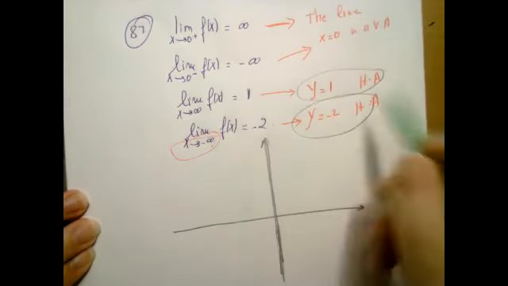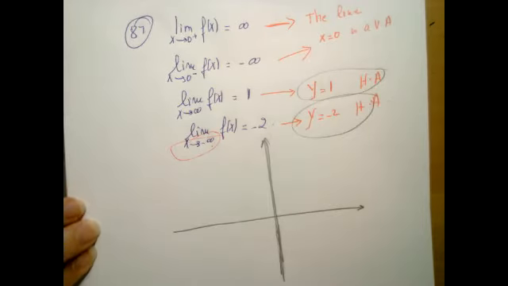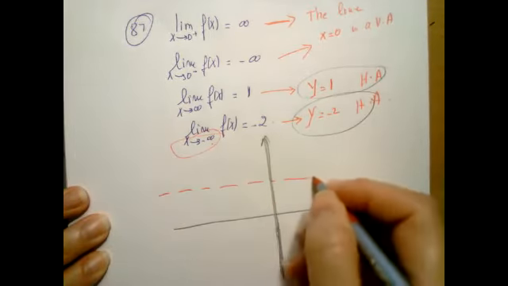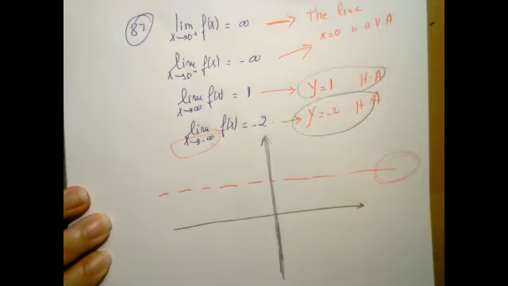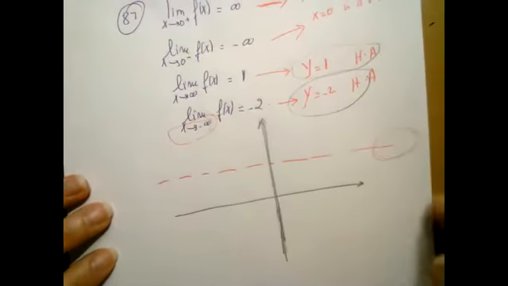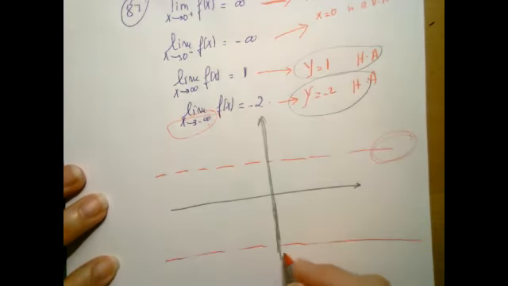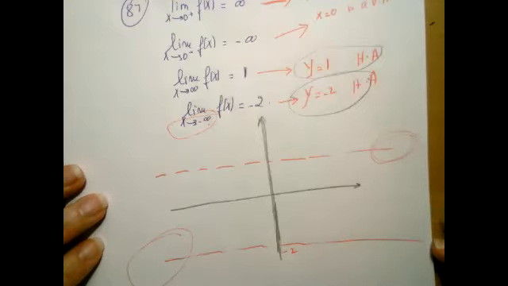Horizontal. So we have to draw those horizontal asymptotes. So y equal to 1, we draw the asymptote in red, and that's telling me that the function is here when x grows to infinity. And y equal to minus 2 means the function is here when x goes to minus infinity.